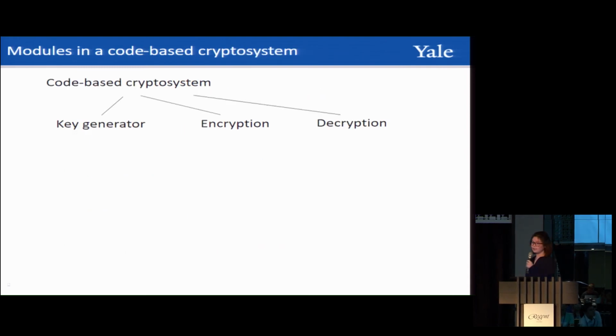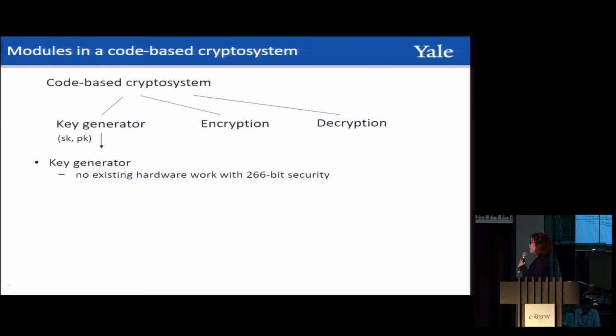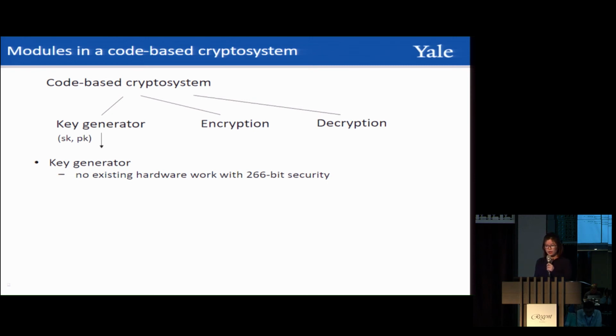Now let's get some motivation for why we are implementing a huge key generator in hardware. For a public key encryption scheme, we have three modules. First, we need a key generator to generate the pair of keys. For code-based cryptosystems, as far as we know, there has been no existing hardware implementation which provides such high security levels.